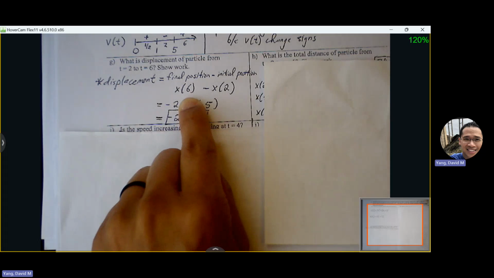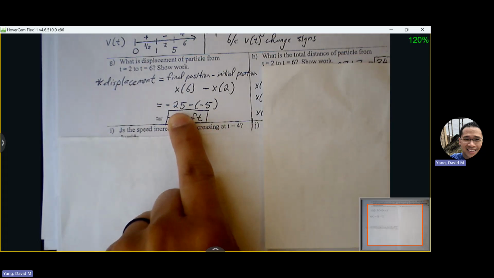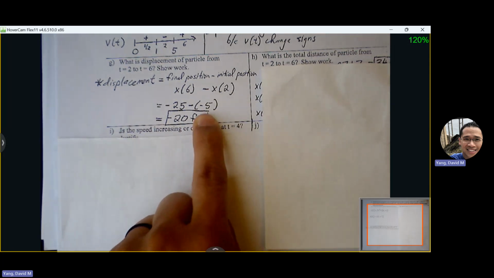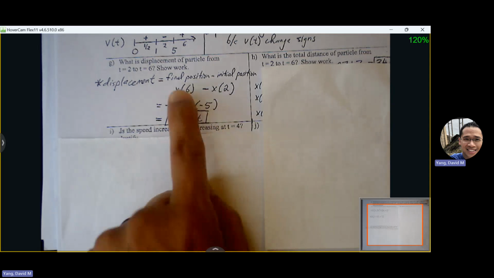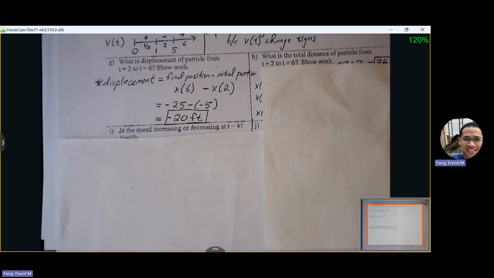So if I plug 6 into my position function, I'll get negative 25. That means 6 seconds in, this object is located at negative 25 on the x-axis. 2 seconds in, the particle is at negative 5 on the x-axis. So between that time period, how far has he gone? Negative 25 minus negative 5.